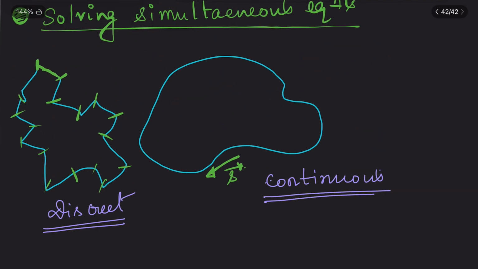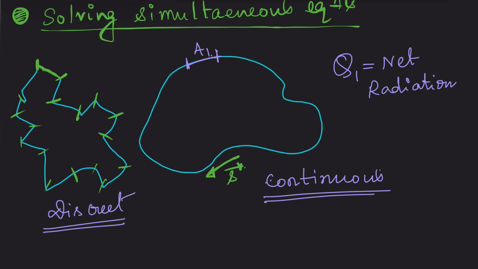So what do we have to find? For any continuous enclosure, if I take any arbitrary part here, maybe I take that as A1, I have to find what is Q1, or capital Q1. Capital Q1 is the net radiation energy flowing through A1.